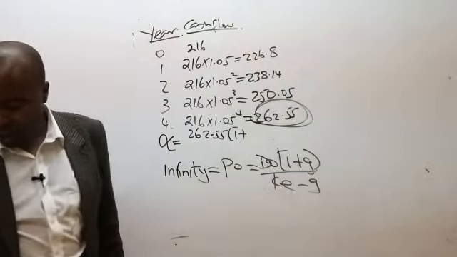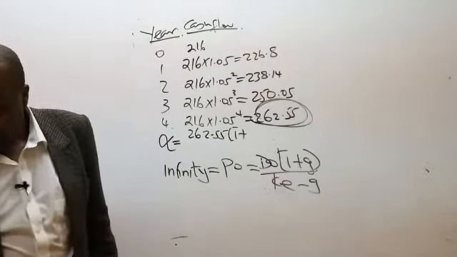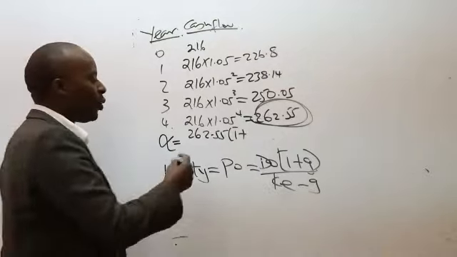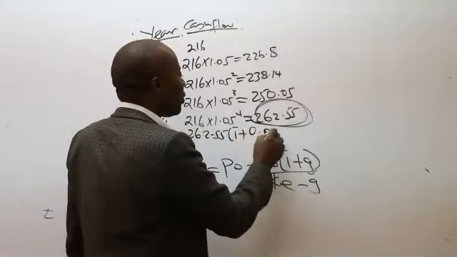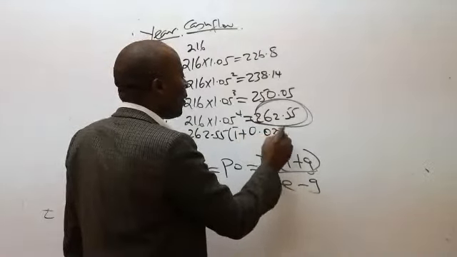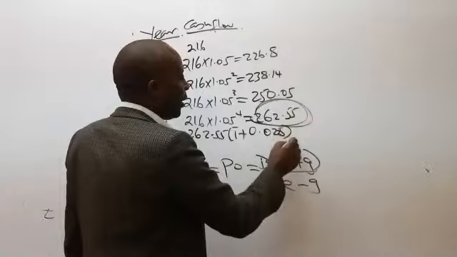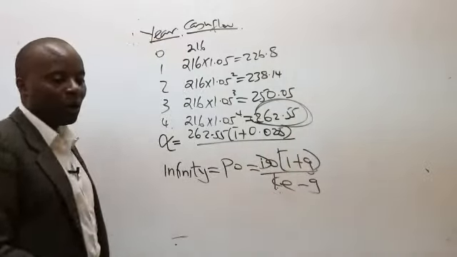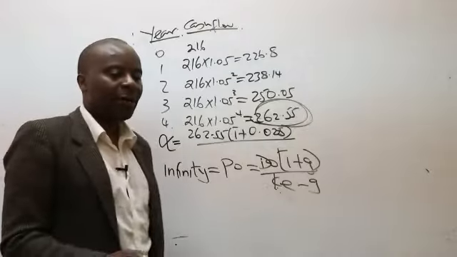The perpetual growth rate, that it is 2.25, isn't it? 2.25. So I say 0.025225, right? All over Ke minus g.